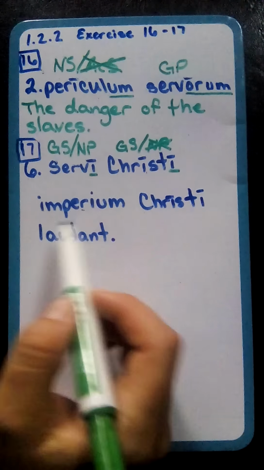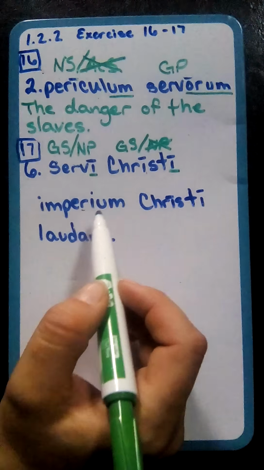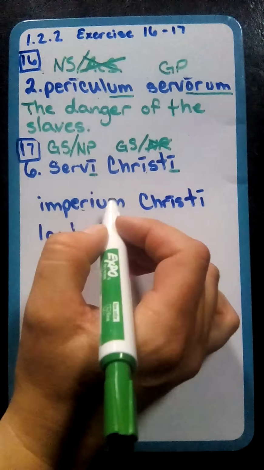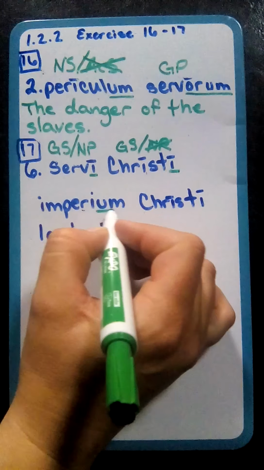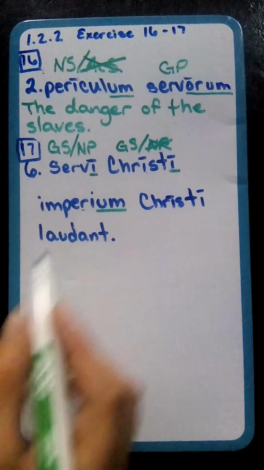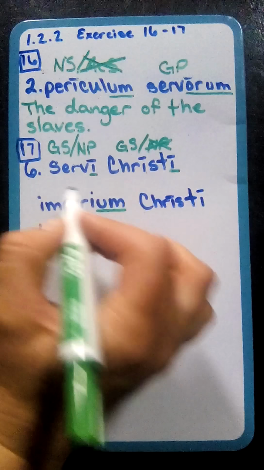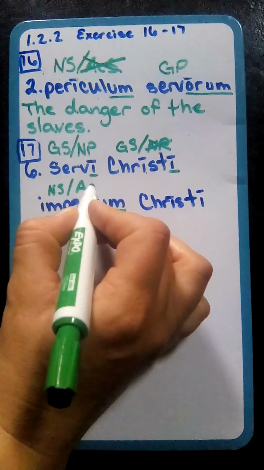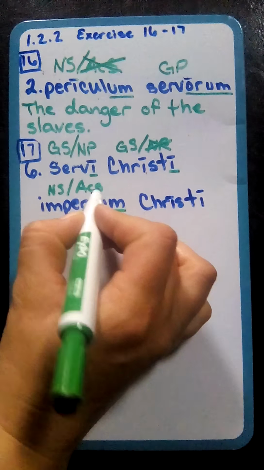Now we have imperium, imperii. The um tells us that it is part of the second declension neuter. And in the second declension neuter, as we saw up here, it can either be nominative singular or accusative singular.